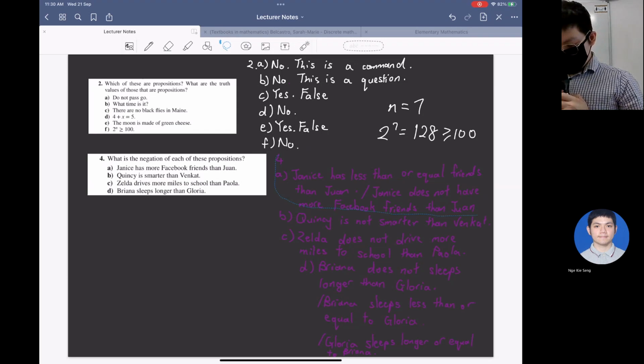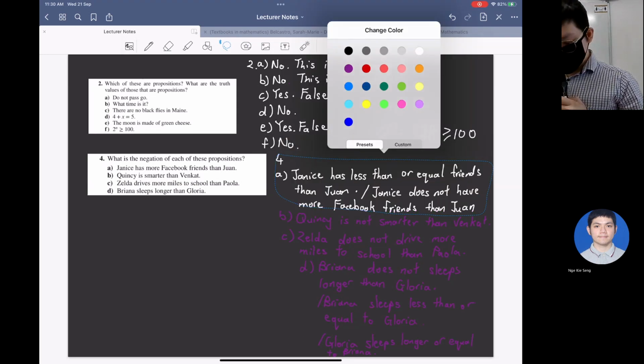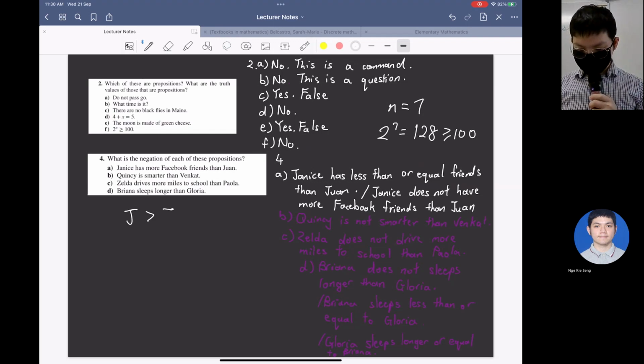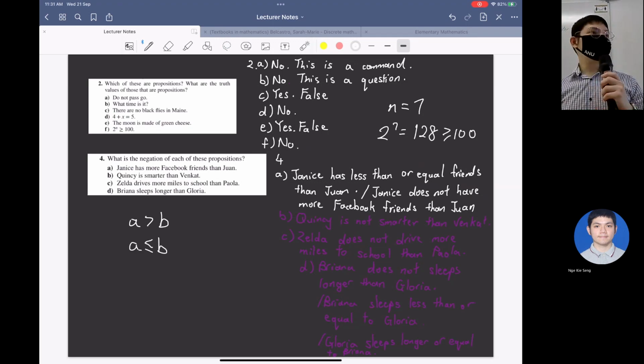If it is not more than, it is less than or equal to. They can have equal friends, right? You get what I mean? So it can be like less than or equal to. They can have the same number of friends.